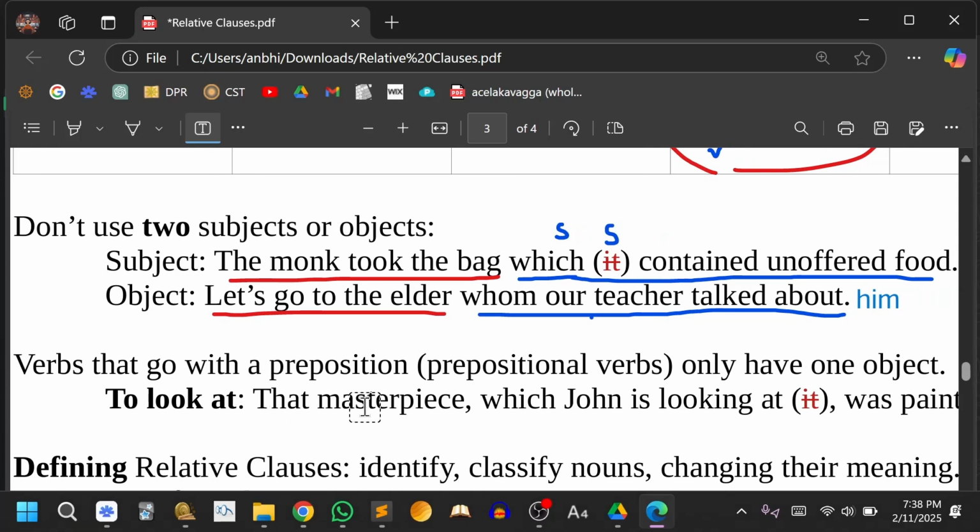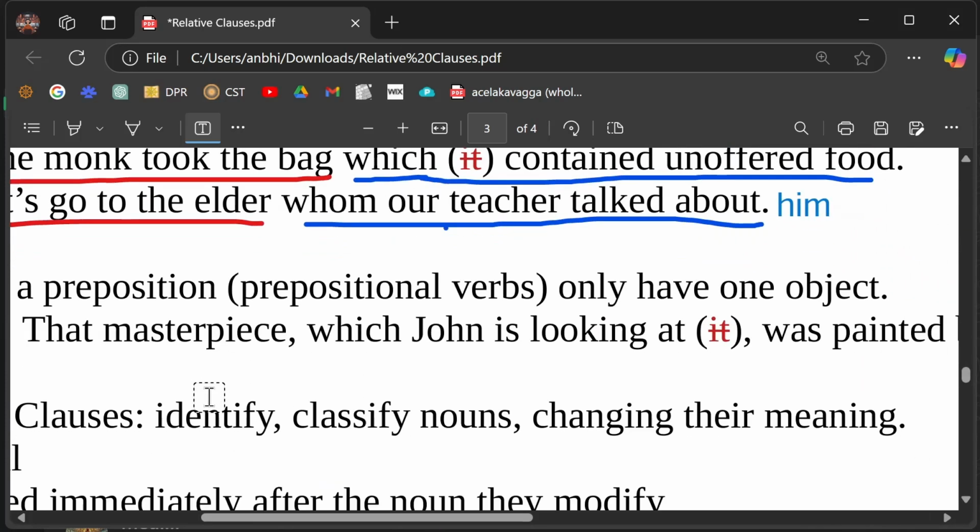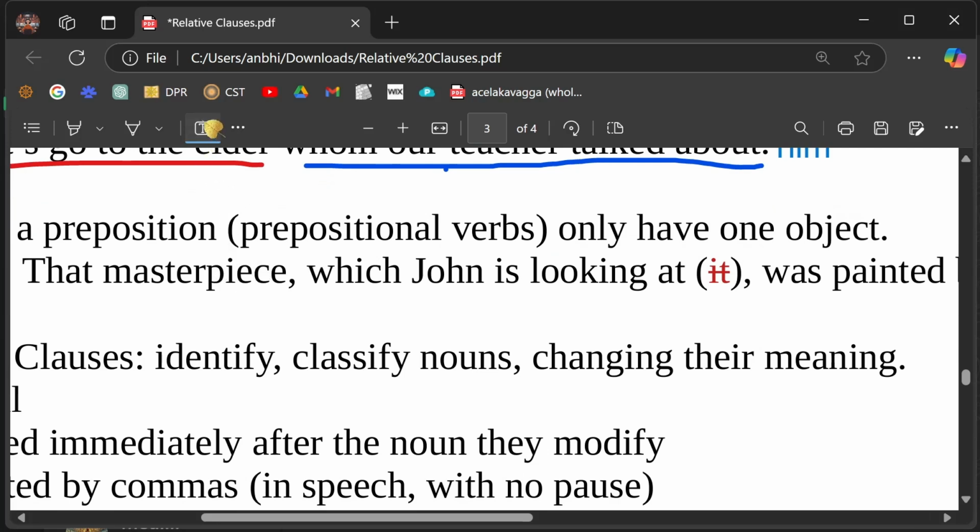For example, to look at. That masterpiece, remember this word, masterpiece? Yes. That masterpiece, yes, Mona Lisa, for example. That masterpiece which John is looking at, then don't say again it. You see?